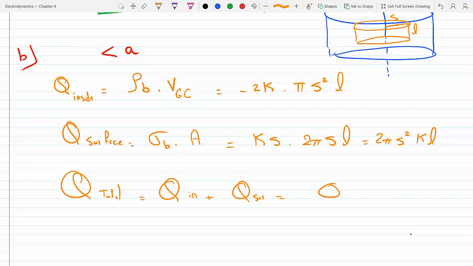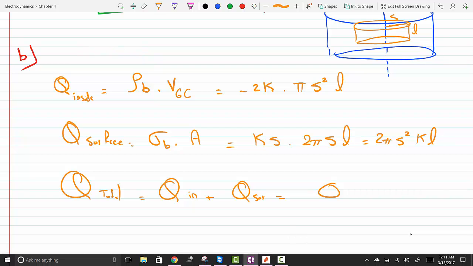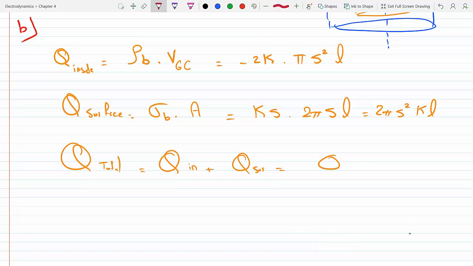Okay, so now I will consider inside and outside. Now I'm inside, so S is less than A. So I'm gonna apply Gauss's law.